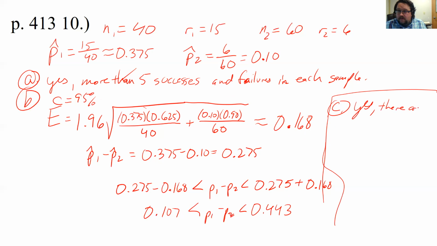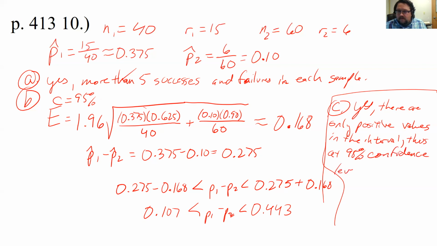There are only positive values in the interval, thus at 95% confidence level, we are sure that P1 is larger, right?